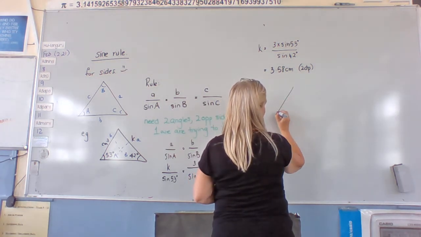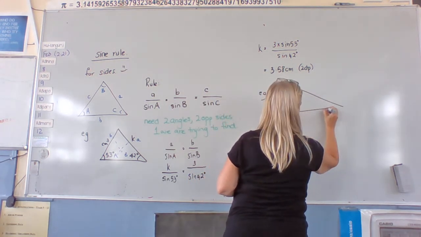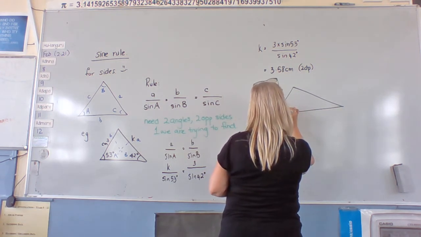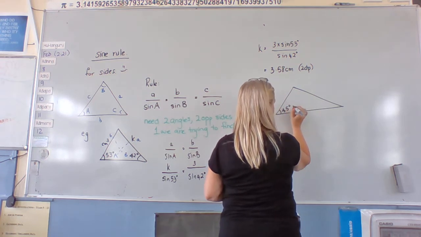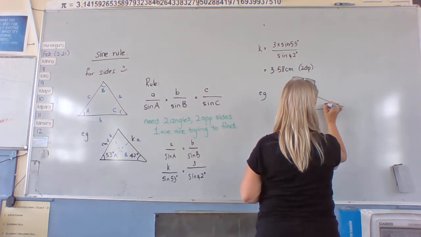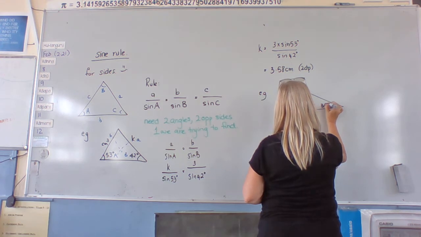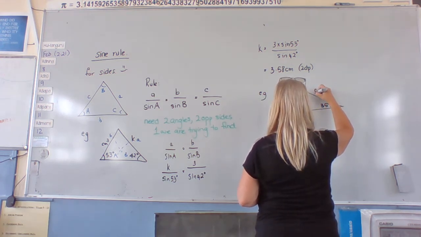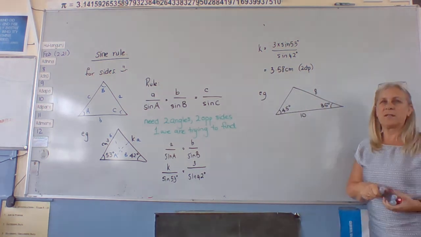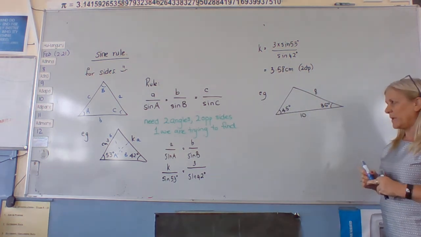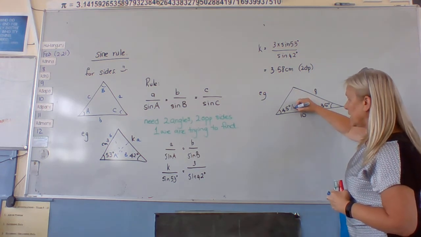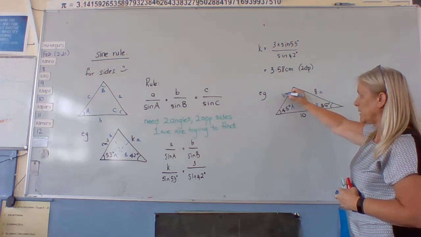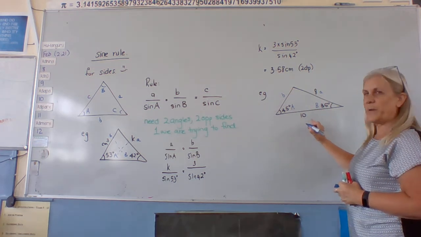We might have it like this. Make it big and wide. Alright, so this time when we label it, we've got A and little a, B and little b, but this is not little b.